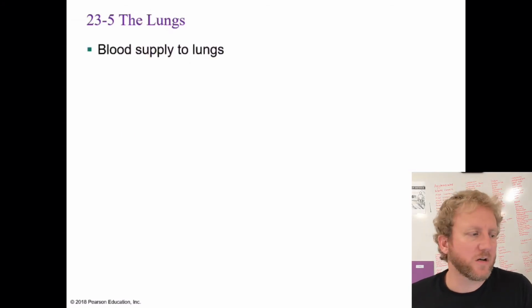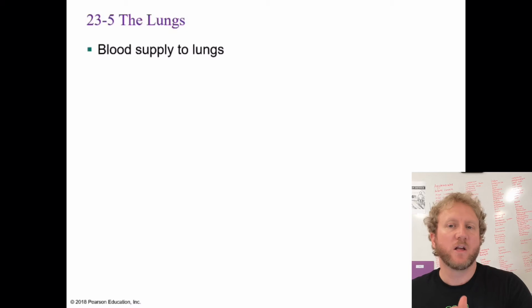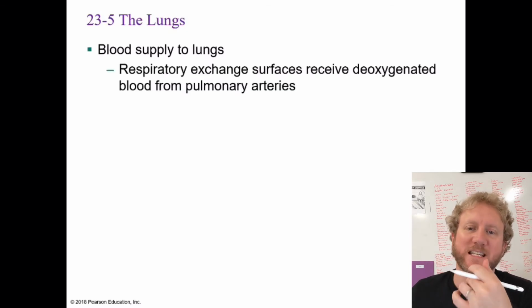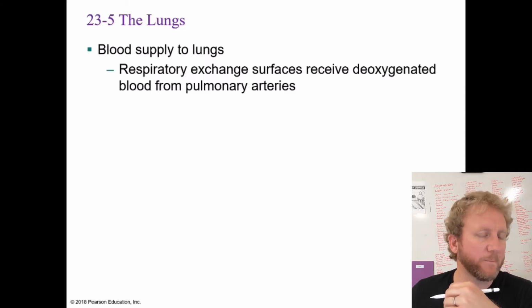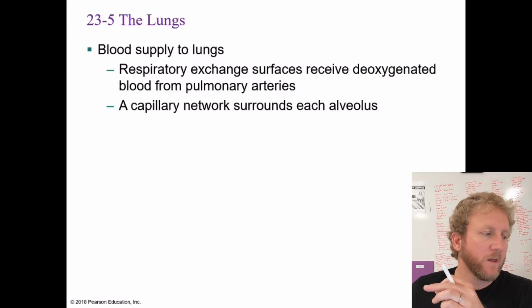As far as the blood supply is concerned, this ties into some of the stuff that we talked about with the heart. So where we have those gas exchange surfaces, those surfaces are going to receive deoxygenated blood from those pulmonary arteries. At that point, gas exchange is going to take place across those capillary beds that surround each alveolus.